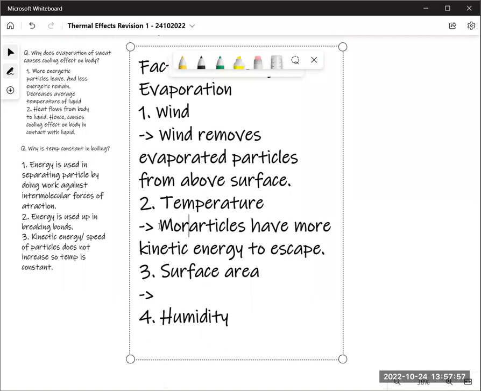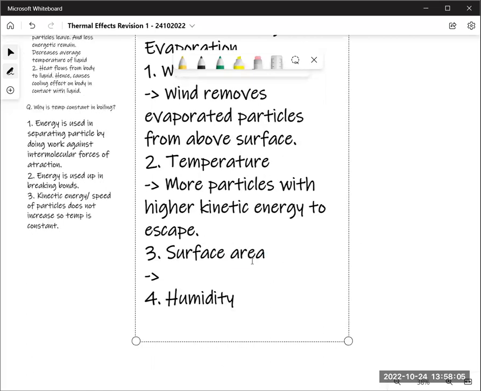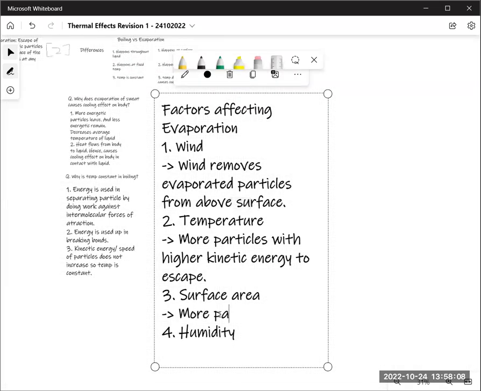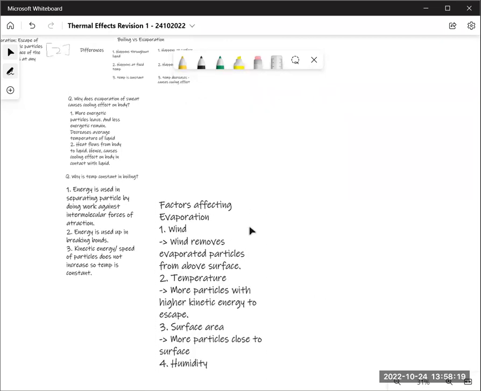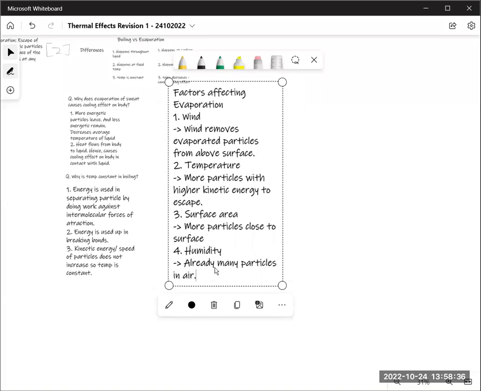Let's just say more particles with high kinetic energy. Surface area: more particles in contact, more particles at the surface or close to the surface. They ask you the reasons in the exam. That's guaranteed. Humidity is when there are already many particles in the air, let's say in the atmosphere.